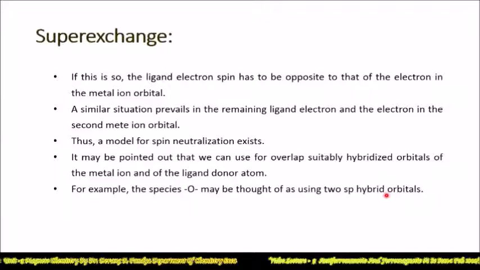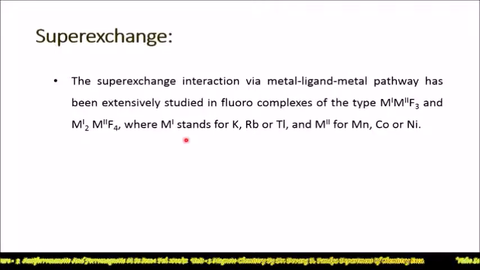The superexchange interaction via the metal-ligand-metal pathway, whether the ligand is oxygen or fluoride, has been extensively studied in fluorocomplexes of the type M1M2F3 and M1 2M2F4, where M1 stands for potassium, rubidium, thallium, and M2 stands for manganese, cobalt, or nickel.